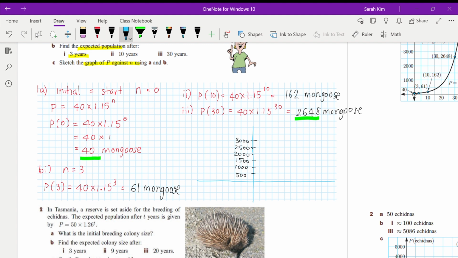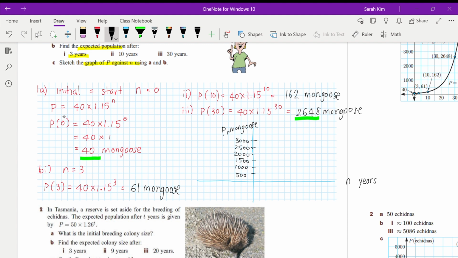Alright, so I've got my population scale, so I really like to write that in, so I'm going to use black. My population is in mongoose, so I like to write the units as well, P mongoose. Alright, so that's my y-axis, technically, and my x-axis is n, and it's measured in years.